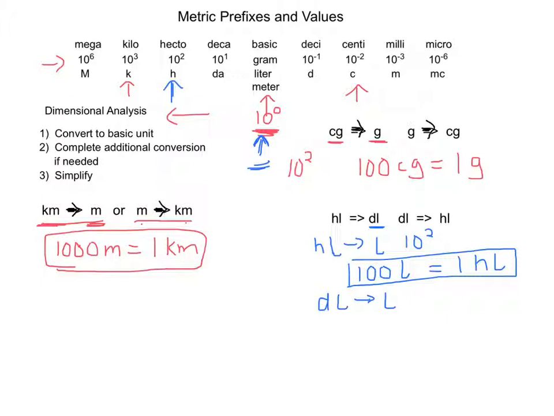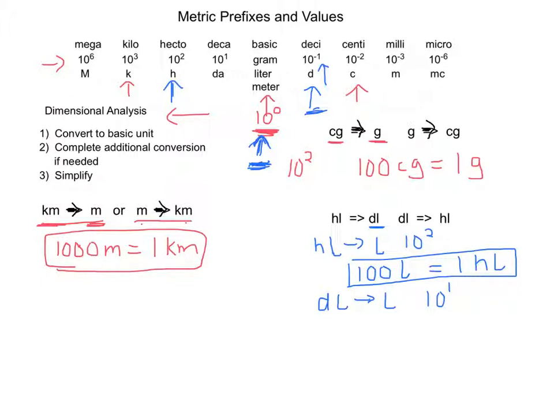Well, I'm looking at my basic unit, so I'm still going to look at my liter, but now I'm looking over here at the deciliter. What's the difference in exponents? That's right, there's a difference of 1 here. And so even though this one is a -1, the difference between these two is a factor of 10.